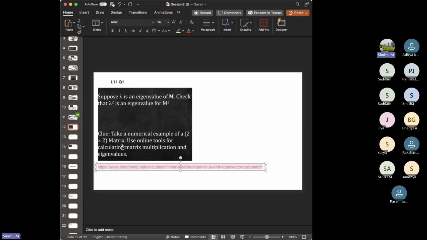So in the question, they have asked us to solve it by considering an example matrix. For example, we can consider this matrix. I have put this link in the chat box, and I'm putting it again in case anybody missed it.